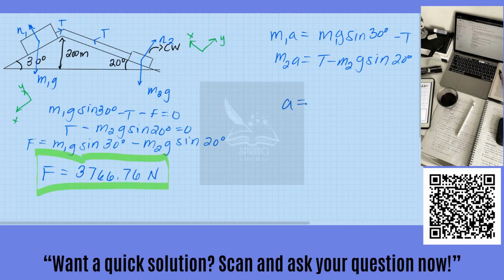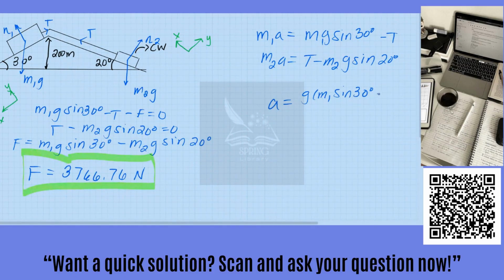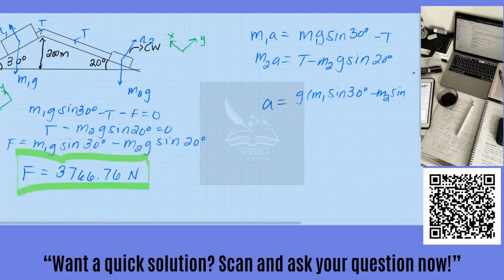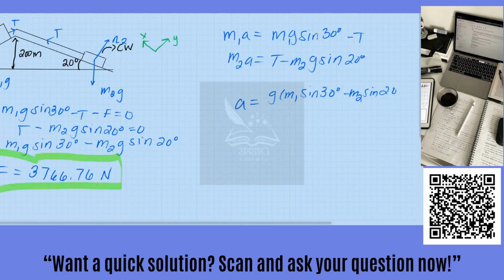So this gives us the acceleration is equal to g times m1 sine of 30 degrees minus m2 sine of 20 degrees over m1 plus m2.